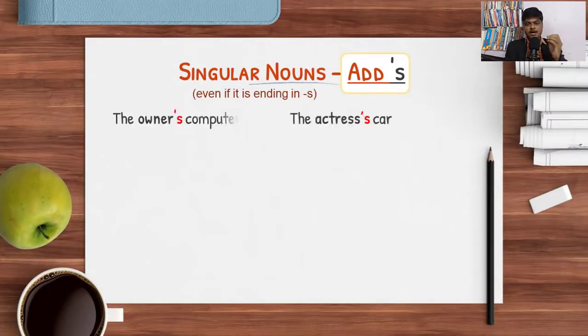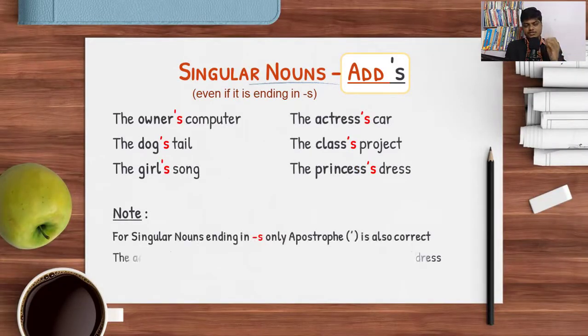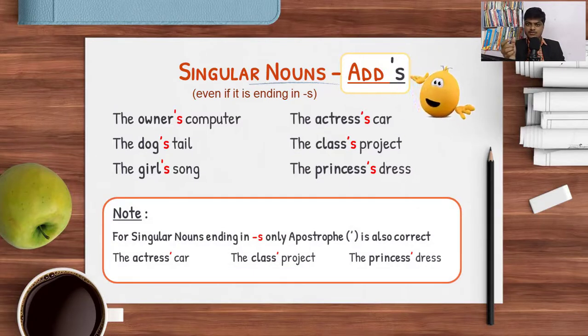Let's learn how to write these possessives. For singular nouns, whether they end with s or not, we add apostrophe s. In examples like the owner's computer, the dog's tail, the girl's song, none of these nouns end with s. We formed possessives just by adding apostrophe s.